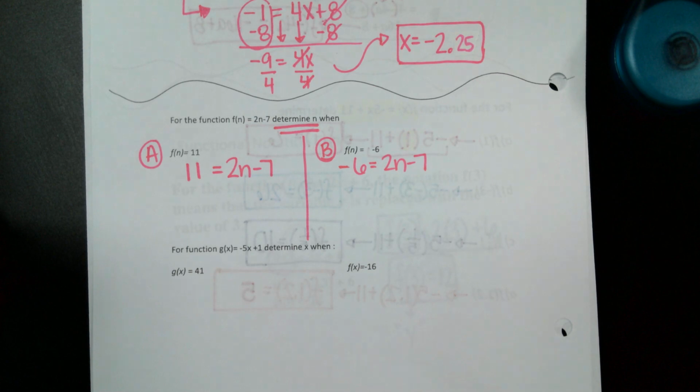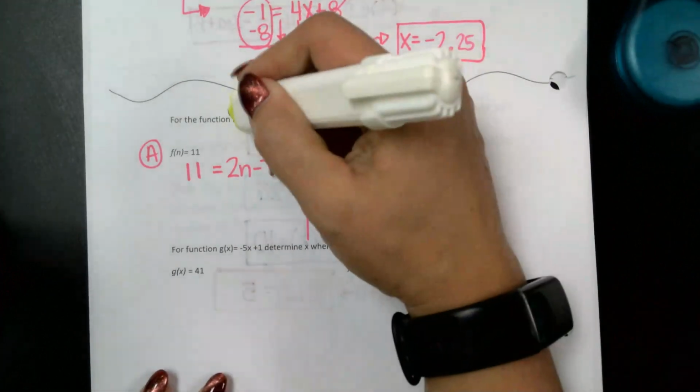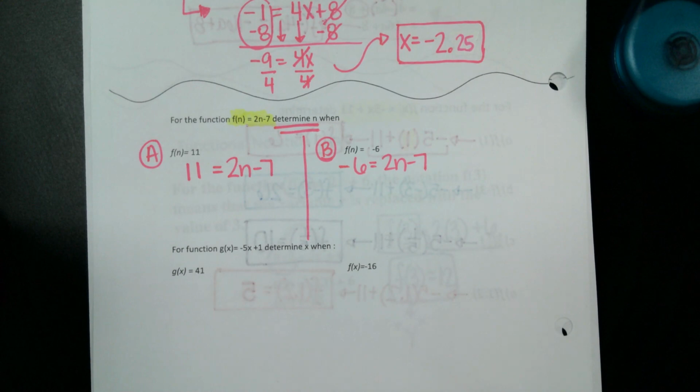You guys should be adding and dividing. Would it still be the 4 plus 8? No, they changed it. We're using this function right there. They're going to give you a different function every time usually. So you just have to pay attention to what the function is.